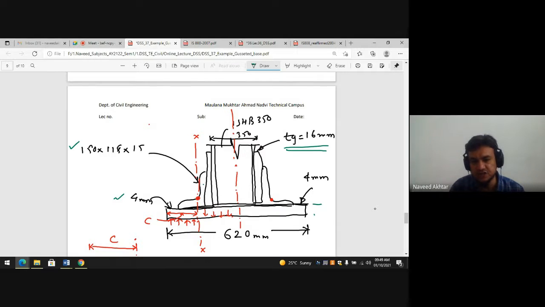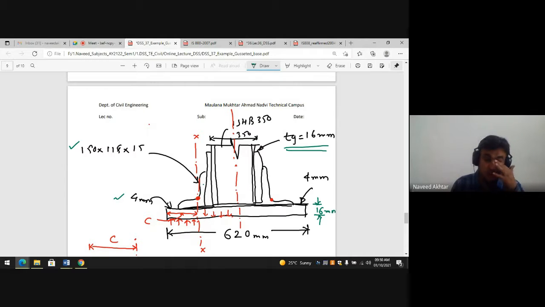Thickness of base plate we have just calculated is 16 mm. Your figure is complete. Then you have to draw another figure in the other direction, design the connection and write down the summary of design. Your design calculation will be complete.